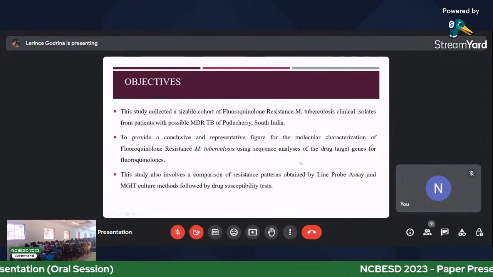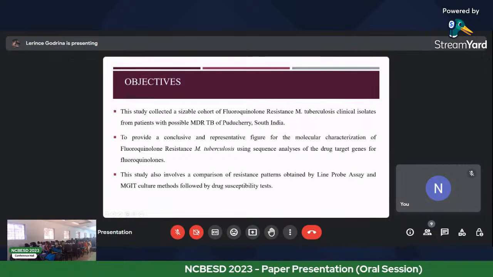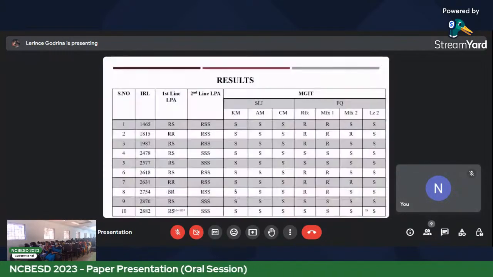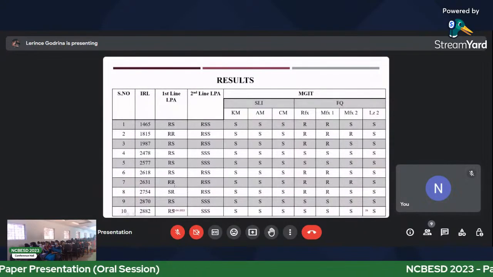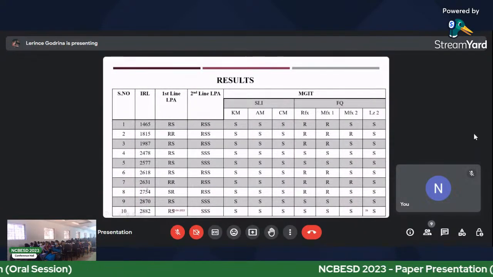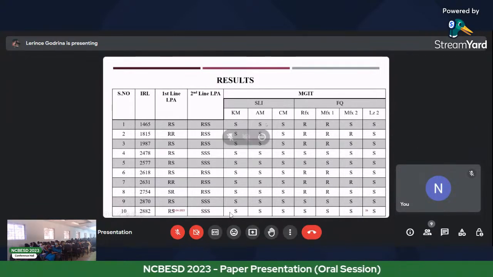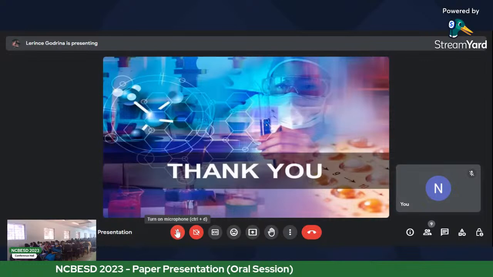And that result explains the resistance pattern obtained by the line probe assay, MGIT culture, and drug susceptibility test. So this is the line probe assay, that is the first line drug and the second line drug. This is MGIT and the DST. So thank you.